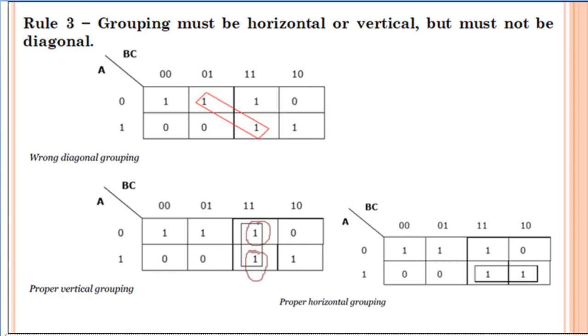But if we create a diagonal group, the address of this term will be 0 0 1, and the address for this term will be 1 1 1.